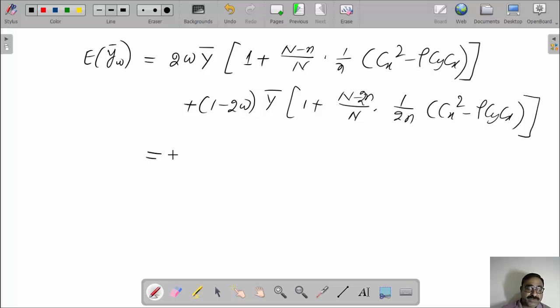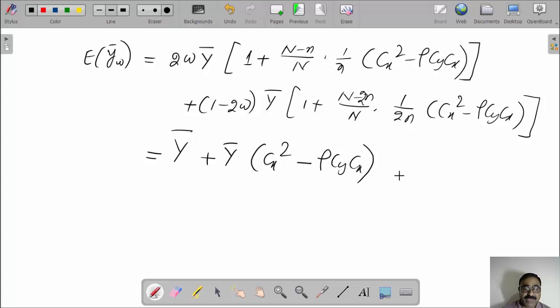Now this is equal to Y bar plus Y bar into (Cx square minus rho Cy Cx), and we can take this common, times the term 2W (N minus n) by Nn plus (1 minus 2W) (N minus 2n) by 2Nn.